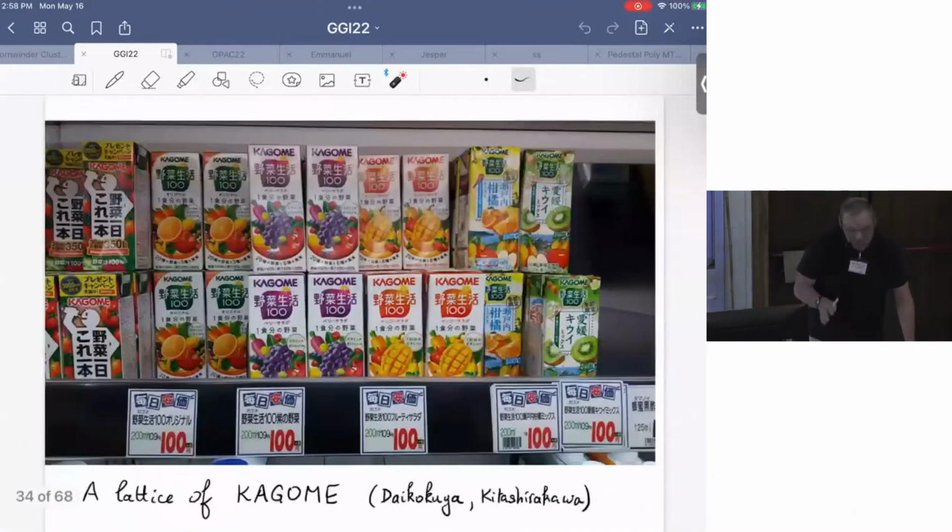So I just want to show you that one should always observe nature because all the answers are there. Okay, so this is not a Kagome lattice, but it's a lattice of Kagome. So Kagome is this delicious beverage which you find in Japan, and this was in a grocery store, and they form a nice lattice.